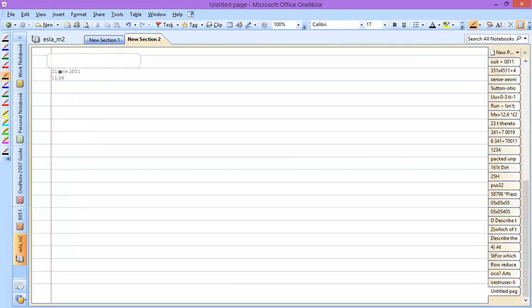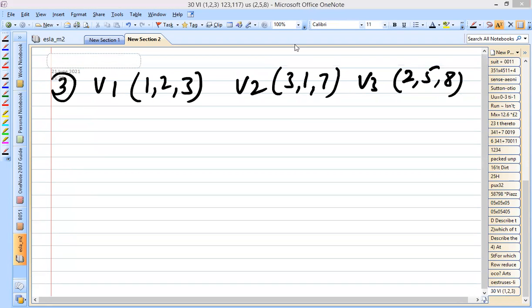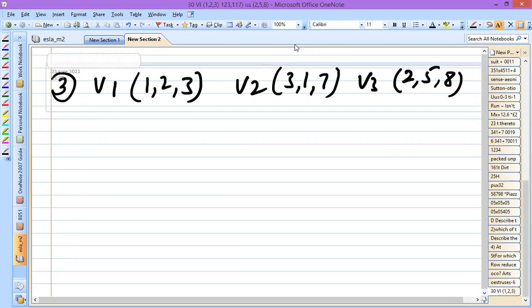And the third one: determine whether the vectors V1 of (1, 2, 3), V2 of (3, 1, 7) and V3 of (2, 5, 8) are linearly dependent or linearly independent.